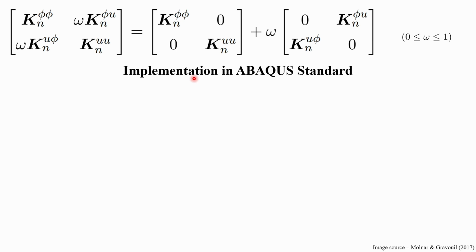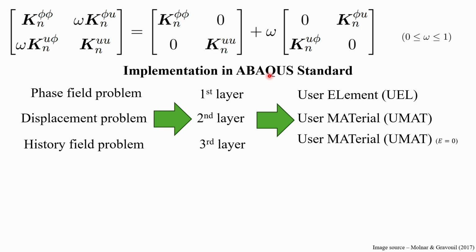So right now we are in the static or quasi-static regime. So we will be using Abaqus Standard. So we have three different problems: phase field problem, displacement problem, and history field problem. History field problem is essentially an erroneous word, but yeah, so we have the history field layer. So these three are individually called first, second, and third layer.